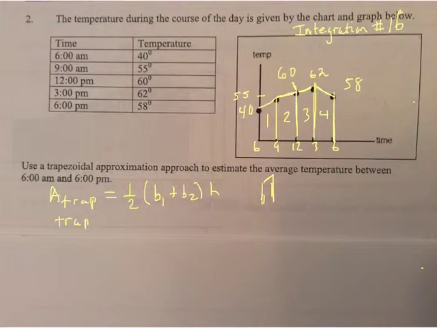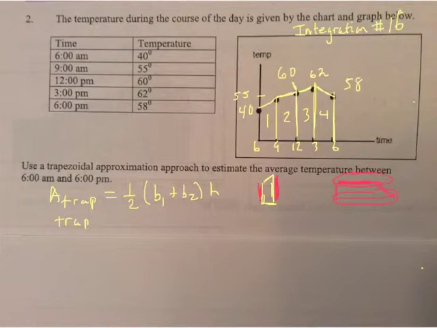Our bases are the two lines that are parallel, which are these two vertical lines. Oftentimes you see a trapezoid being drawn horizontally, and in that case this line and this line would be your bases. But again, in a trapezoid, the bases are the two that are parallel to one another.